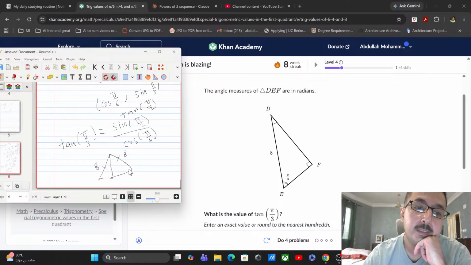And wait, is this 8 as well? Because this is going to be the same as this. Get 8, 8, but I need to get the length of this, which is fairly similar, so it's going to be the same. I guess this is 4, 4.